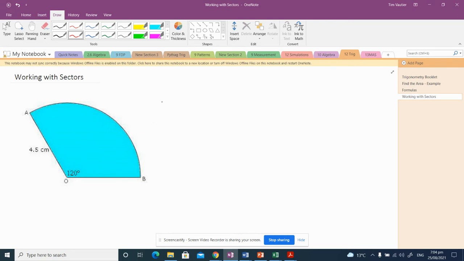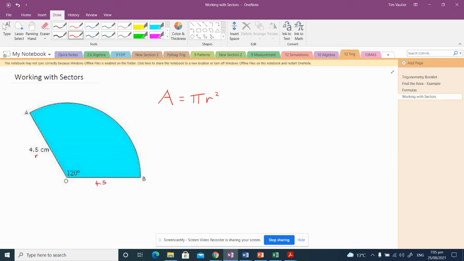For instance, if we wanted the area of a circle, the equation is the area of a circle is pi r squared, where r is the radius, which is half the distance across a full circle. In this case, we would consider the 4.5 as the radius. If we imagined our circle going round, this line here is the radius. And this one here is also the same, so that would also be 4.5.